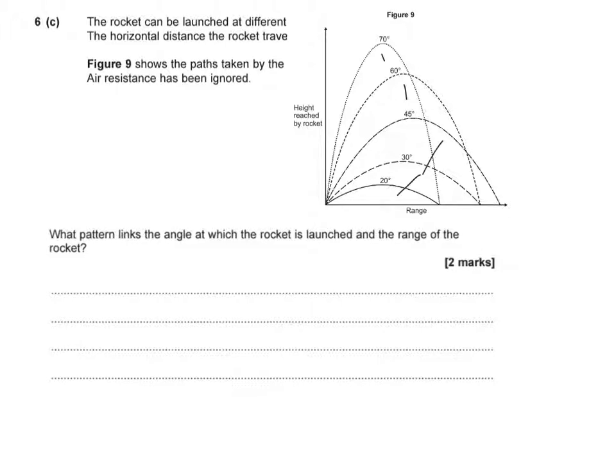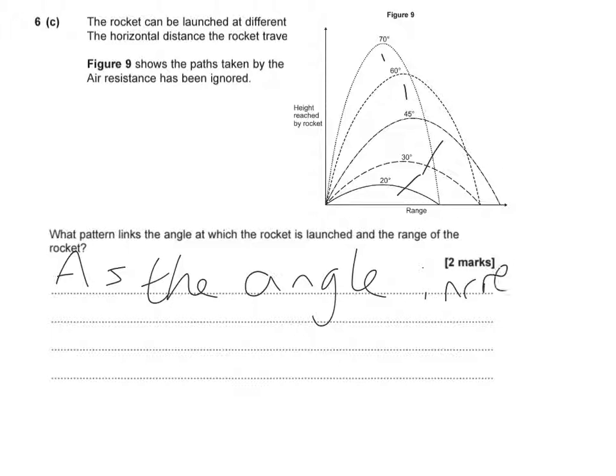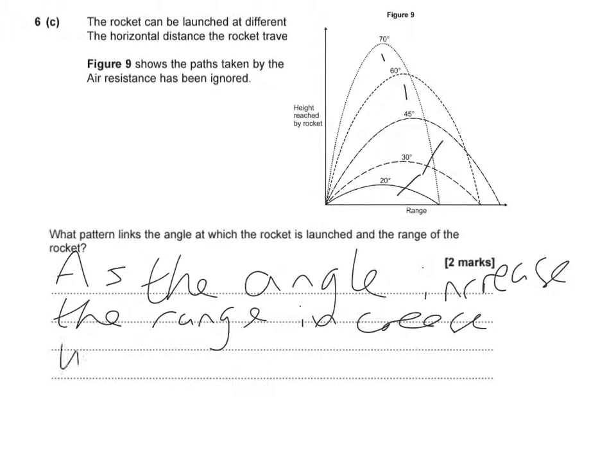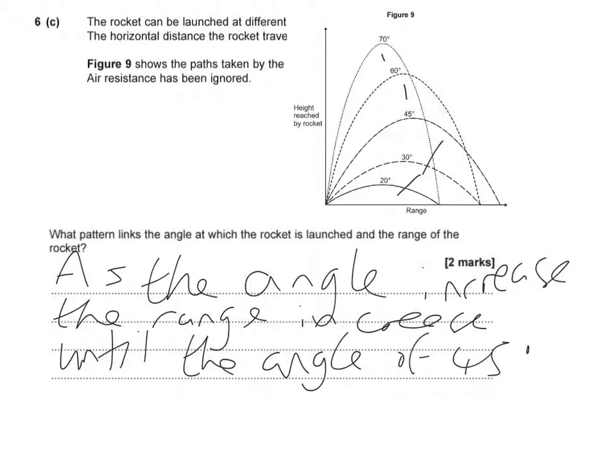So here he's saying as the angle increases, the range increases until the angle of 45. There's 1 mark for the fact that the range increases until an angle of 45 is reached.